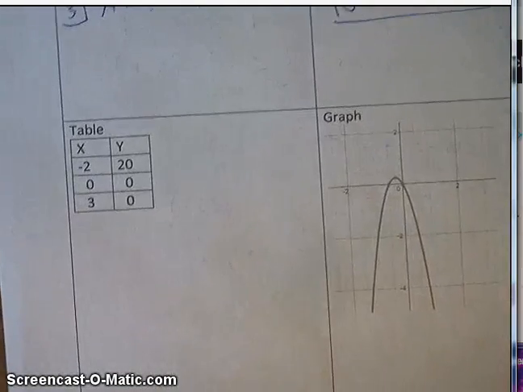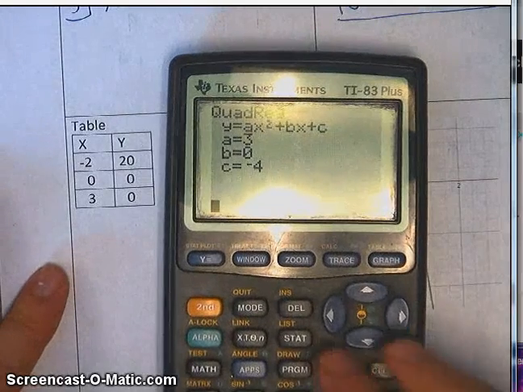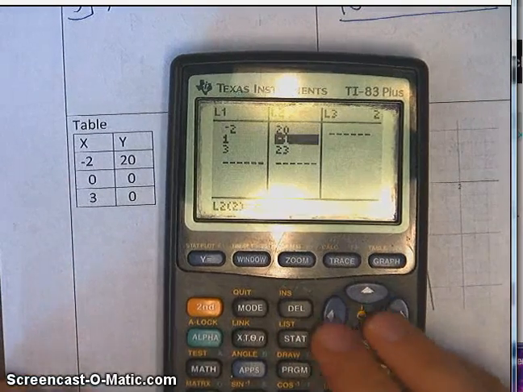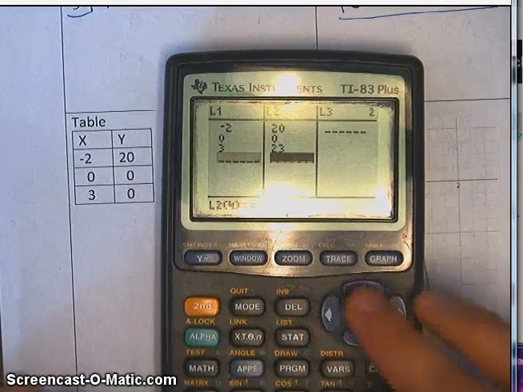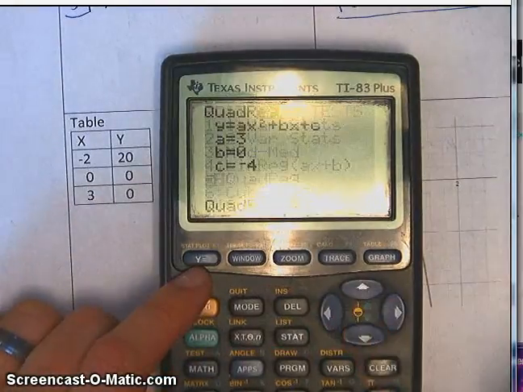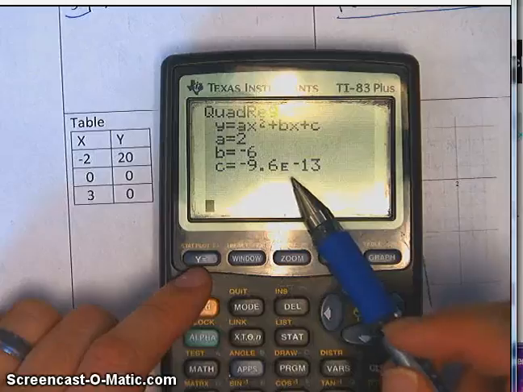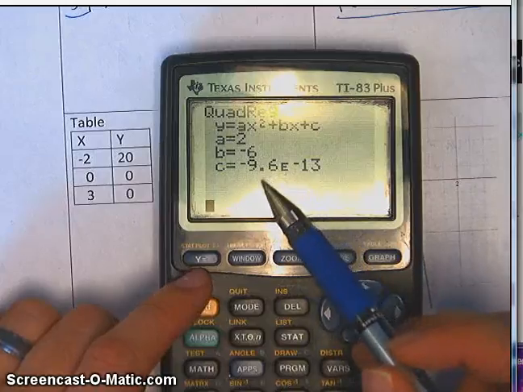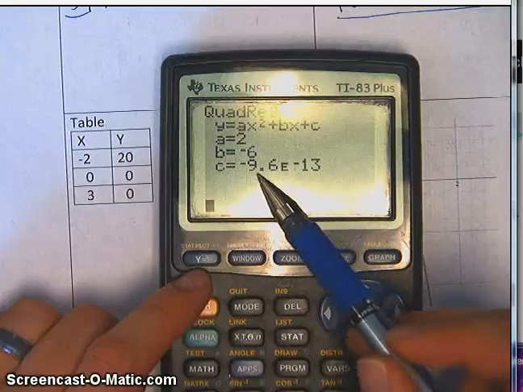Let's check out this one. Same process. Stat, edit. This time it's negative 2, 20, 0, 0, and 3, 0. Stat, calc, 5. This happens sometimes on the calculator. This is scientific notation. It's a really small number. It's like a decimal point, 13 zeros, and then a 9 and a 6.